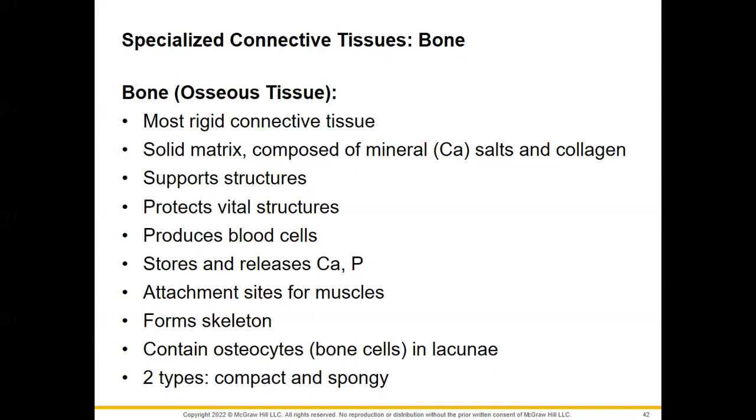So chondrocytes are going to be located in your cartilage, whereas osteocytes are going to be located in your bone. You have two different types of bone: compact bone and spongy bone. Both of these types of bone can be found on the same bone structure, different locations, but in the same bone structure. And we'll get into that in a little while.